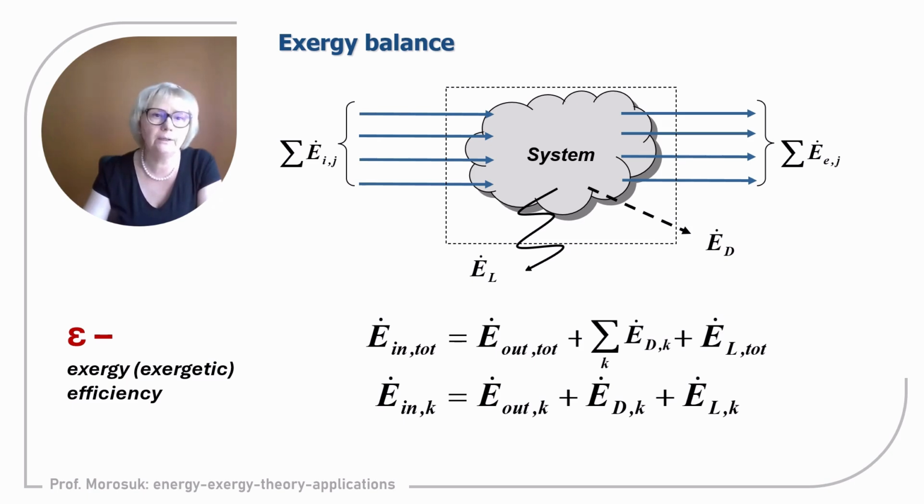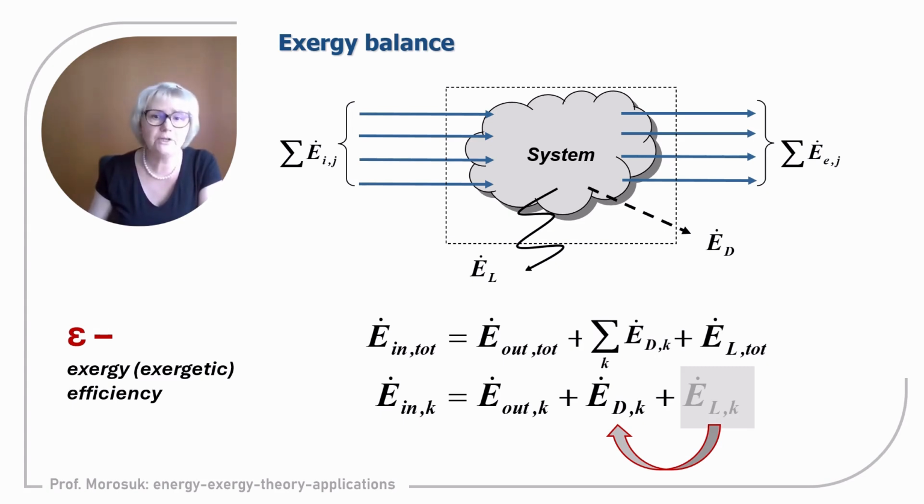So exactly what I just discussed: exergy streams coming to the system and exergy streams going out from the system. And for the components, when exergy analysis is applied on the component level, we can use the approach that exergy losses within the component will be charged to exergy destruction for simplification of analysis, and the term of exergy losses will vanish from this equation.